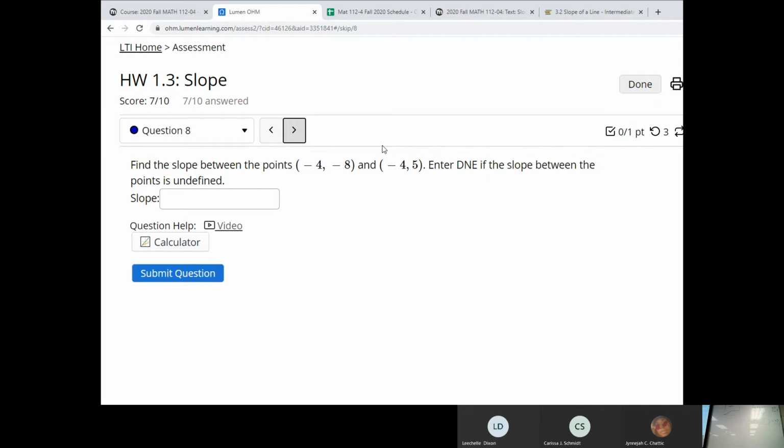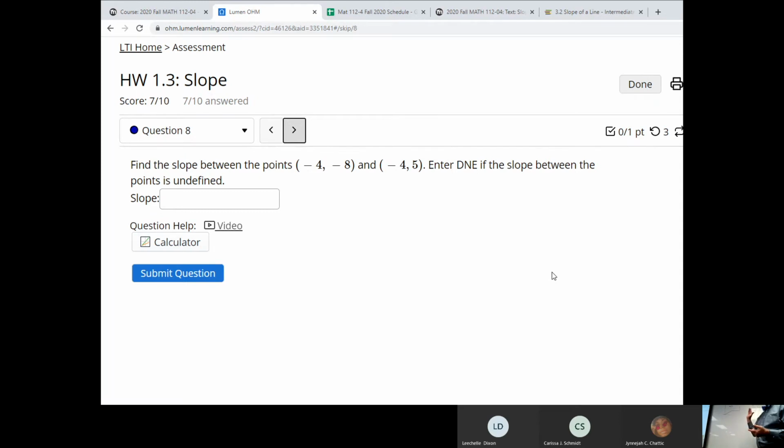So right away on this one, do I know the slope? Got the same x and 2 different y's. See that right away? If you want to draw it in your mind, draw the graph, or just think to yourself, oh, I have the same input, I get 2 different outputs, or 2 different y's.